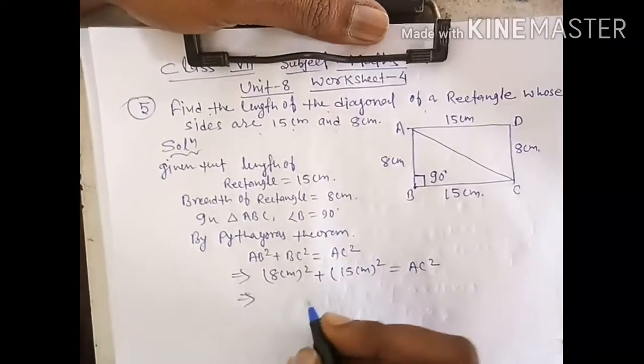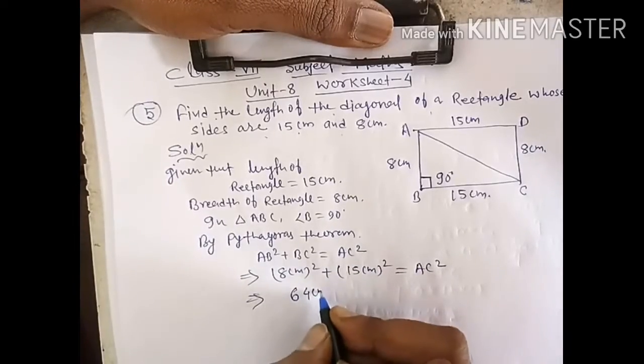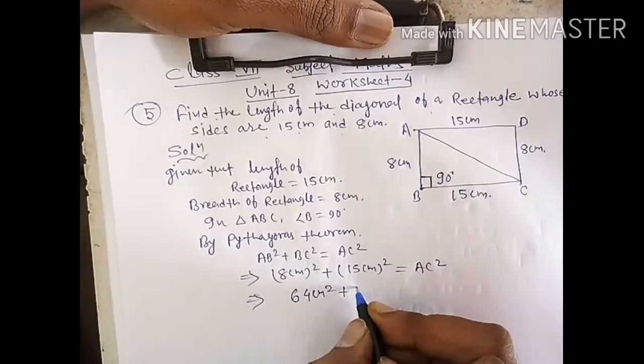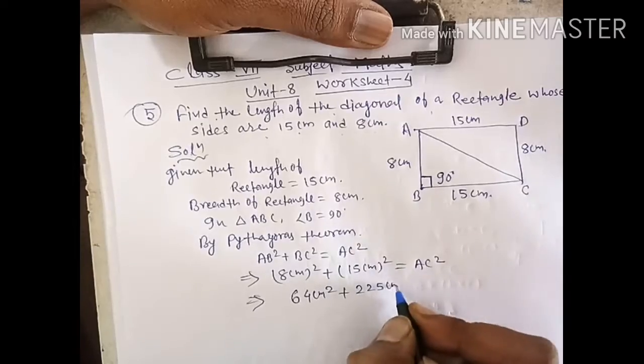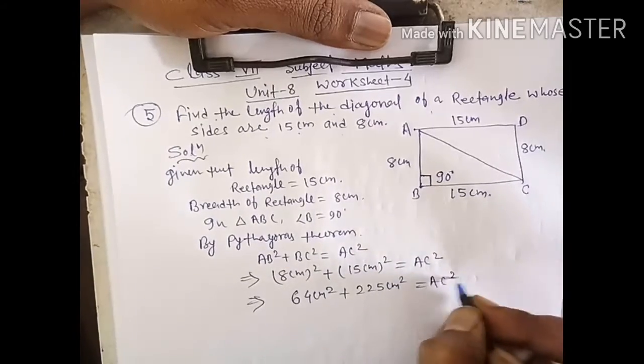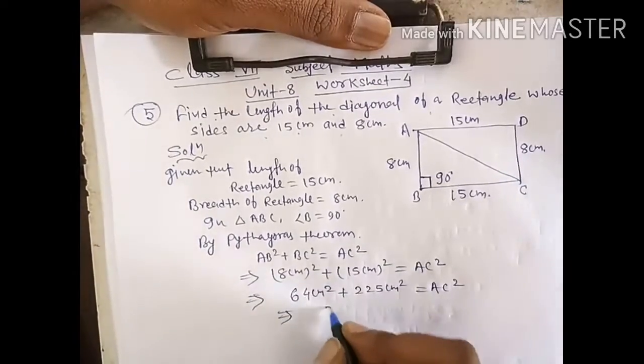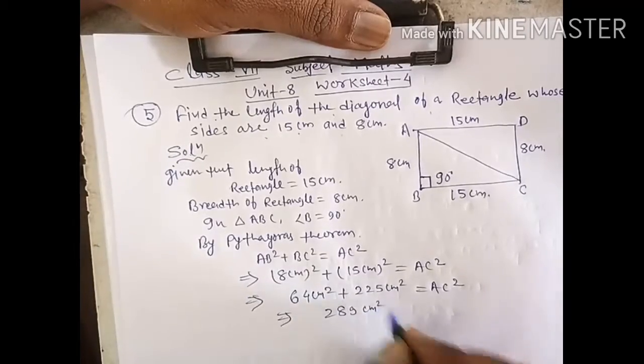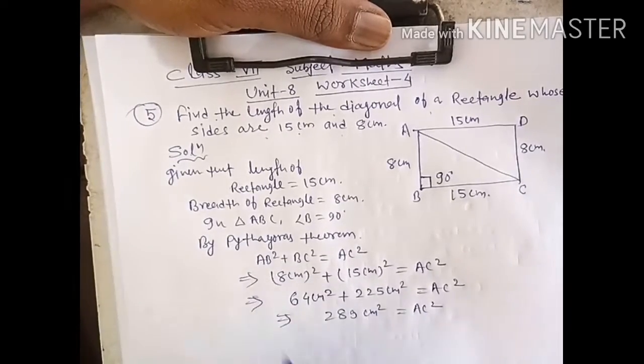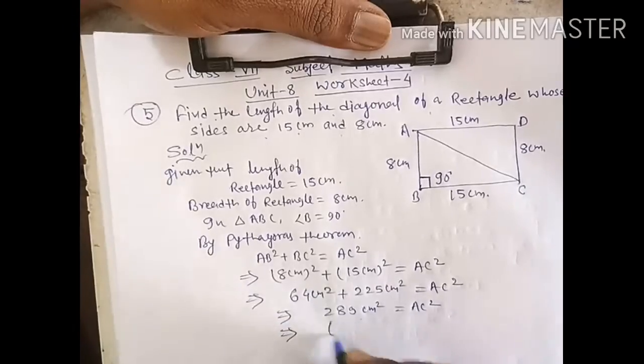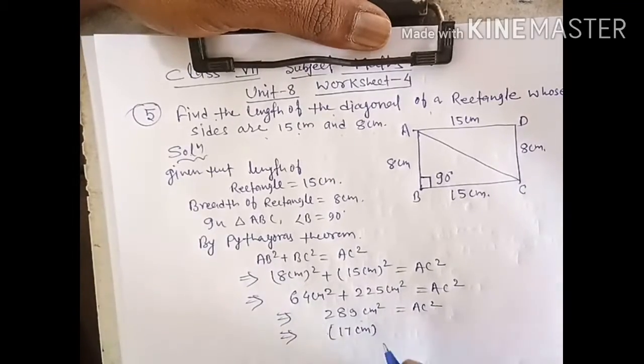So 8 cm square means 64 cm square plus 225 cm square is equal to AC square. After adding we get 289 cm square is equal to AC square. We know that 289 is the square of 17.